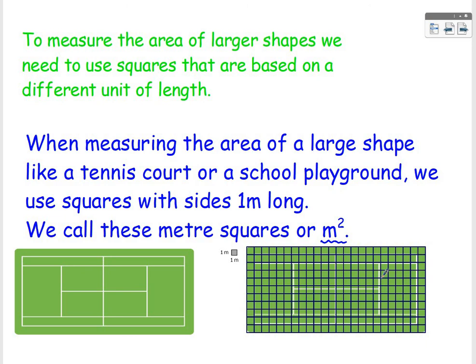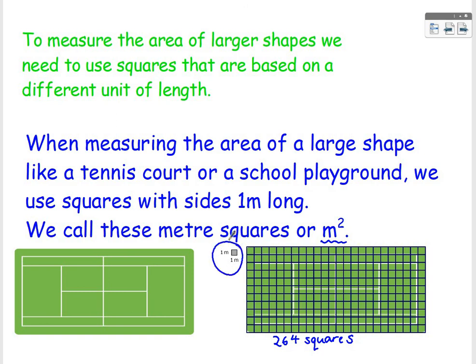Now, if we were to count up the number of squares I've got on this diagram, it is 264 squares. 264 squares in total covered. Now, every one of those squares measures 1 metre by 1 metre.